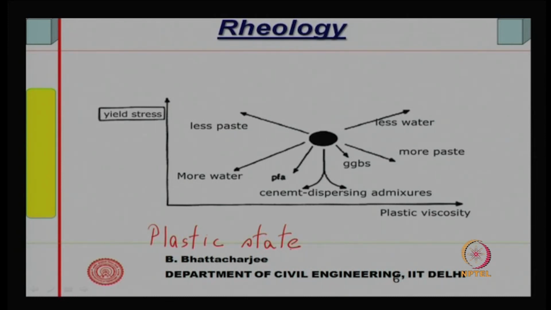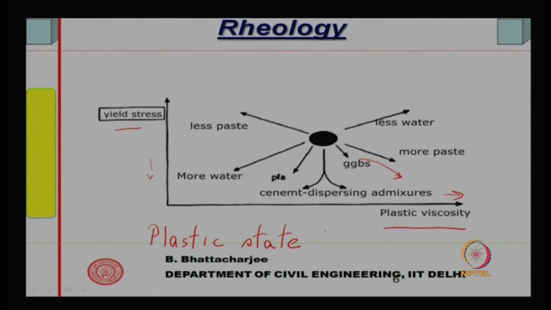So, if I look at plastic viscosity and yield stress of this paste, the plastic material, then this is my state, and if I add GGBFS, what does it do? It reduces the yield shear stress, all right, because it gives you a little bit of uniform, sort of fine particle in the material, but it also increases the viscosity.